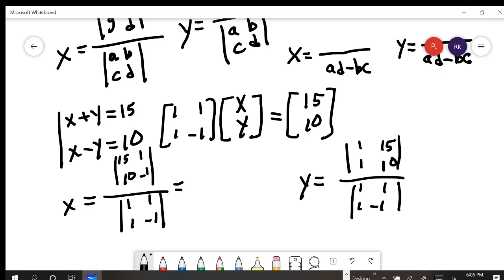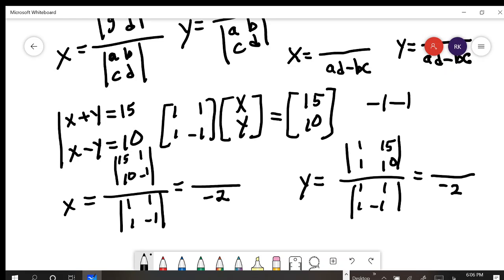So what's that? Well, remember the determinant is AD minus BC. So you multiply this way first, which is called the main diagonal. So 1 times negative 1 is negative 1, minus 1 times 1 is 1. So that's negative 2, and the same is true for y. Now the numerator again is this minus that.